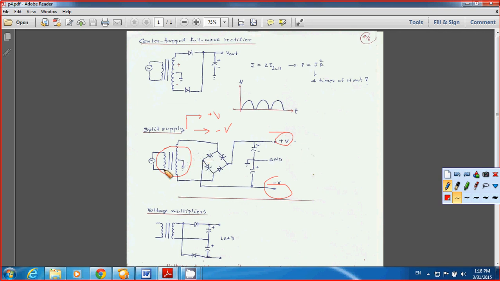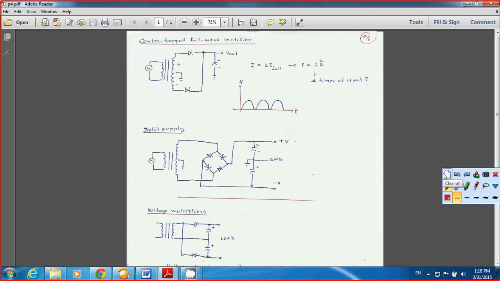So they work at the same time here, even if you break down the transformer on the secondary side. Sometimes we call it dual. Dual means two, right? Dual DC power supply here. You have positive and negative. So this is still an application of diodes.